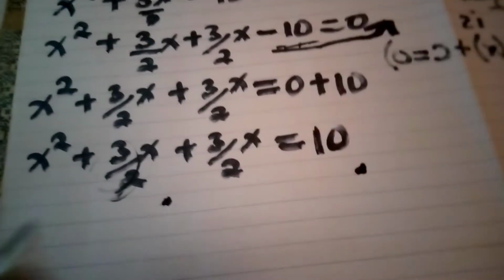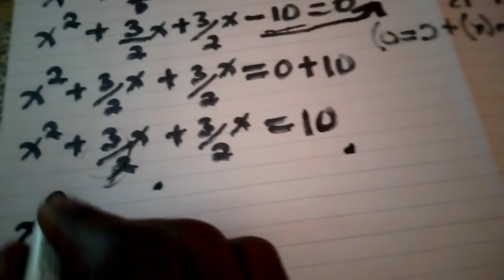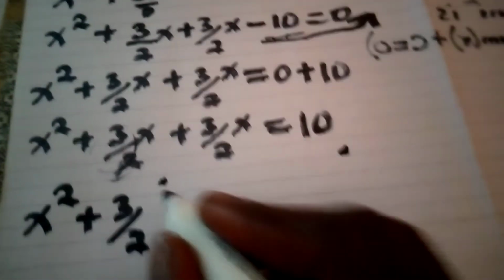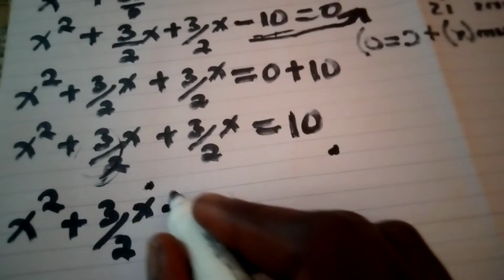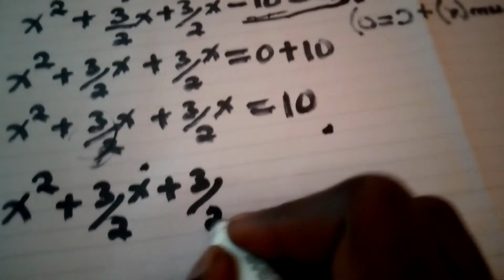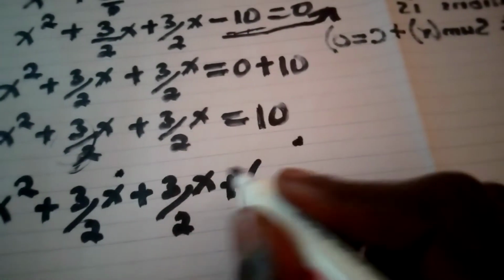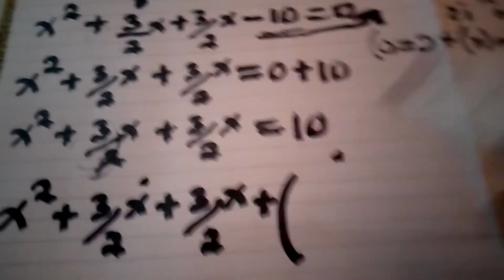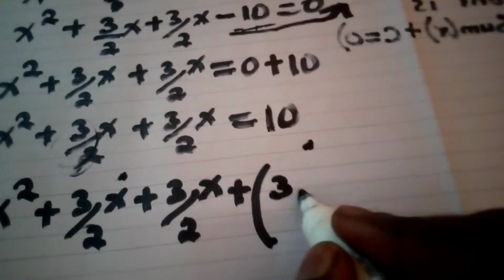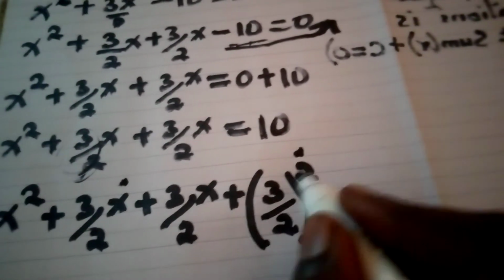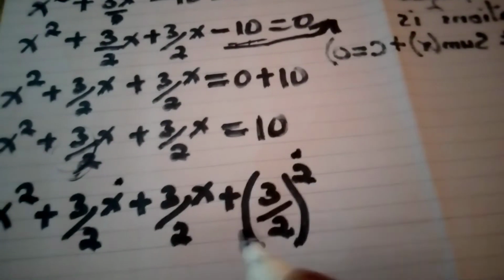So when we add, we shall have x squared plus 3 out of 2x plus 3 out of 2x, then plus the square of half of the sum. So half of the sum is 3 out of 2. So you have to square it.